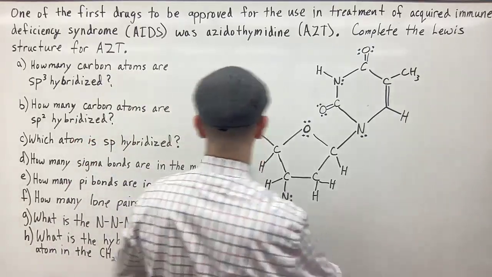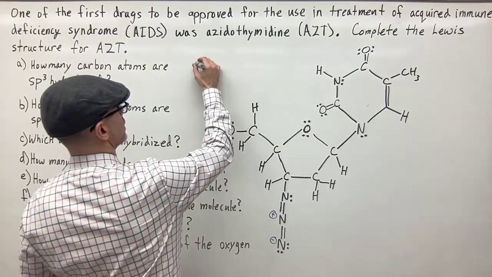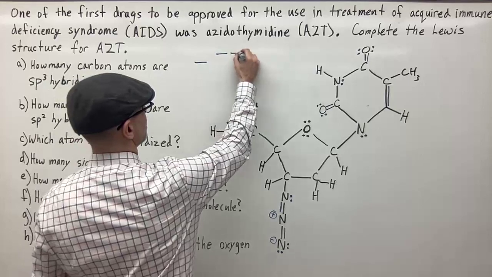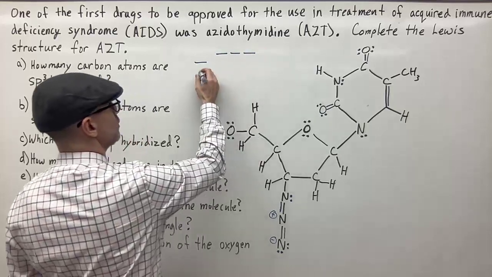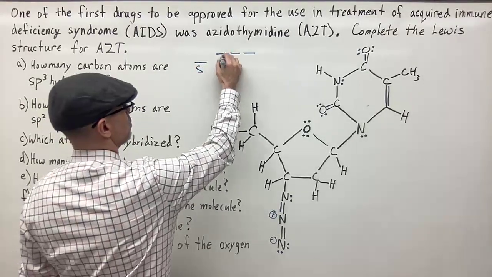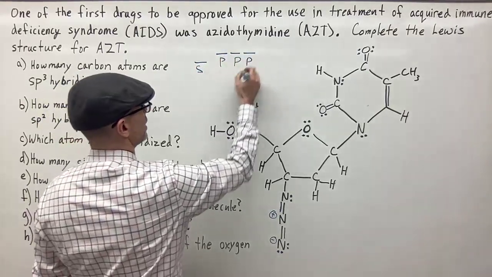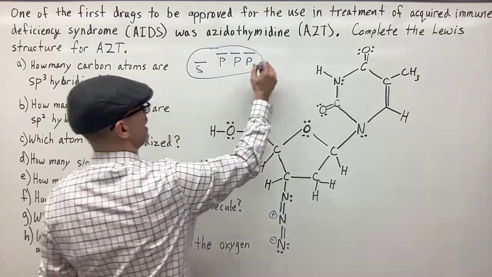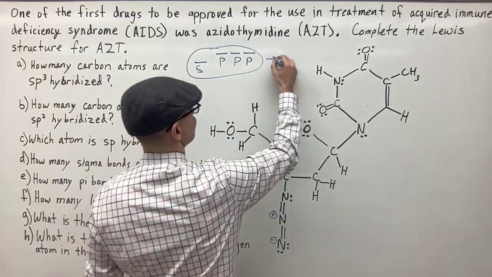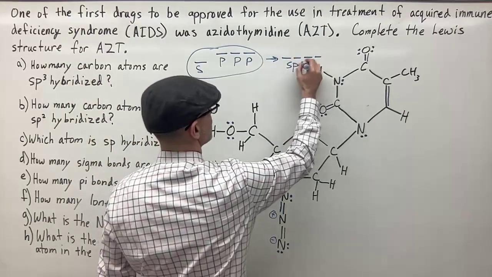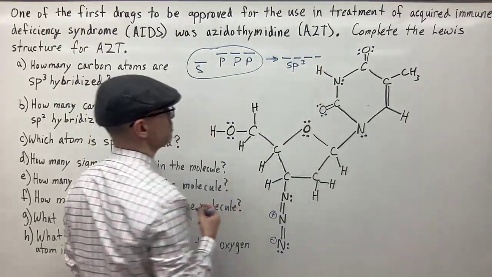So again, our understanding is that sp3 means if it's hybridized, you took an S, a P, and a P, and you put those together, and you get 4 equal energy sp3 hybridized bonds.